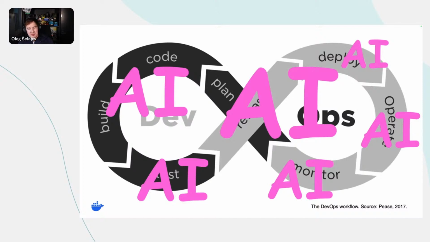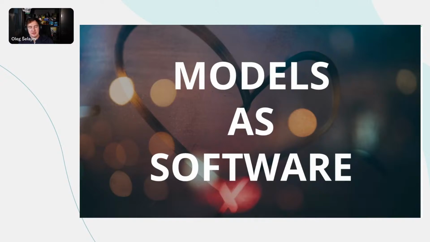So let's think about how it works, right? First of all, our models, large language models, become software, right? So we need to ensure that we treat them as software components. That means that we need to take care of hallucinations, we need to do some testing, we need to ensure that models can be used within the normal software cycle.